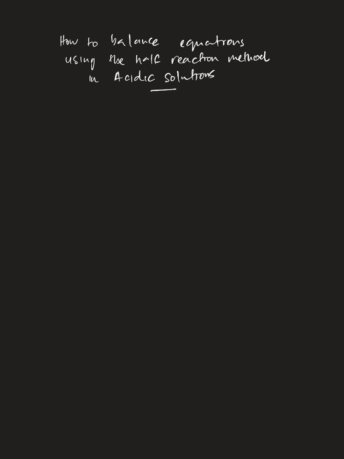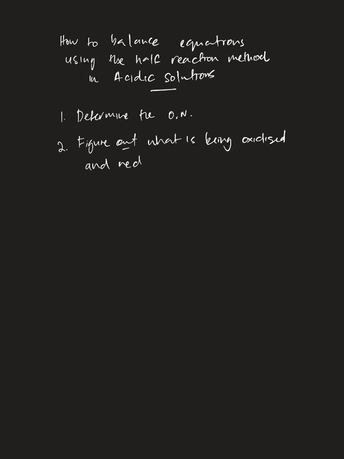Alright, and how that works is, the first thing you have to do is determine the oxidation numbers, right? The second thing you needed to do is figure out what is being oxidized and reduced, right?